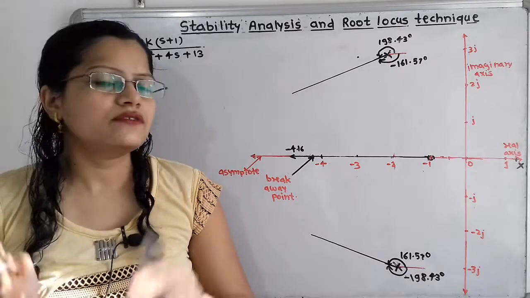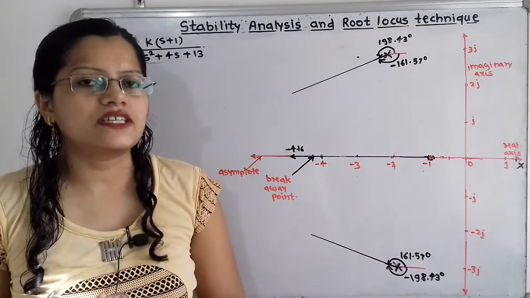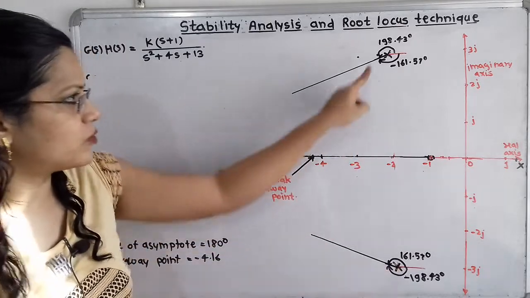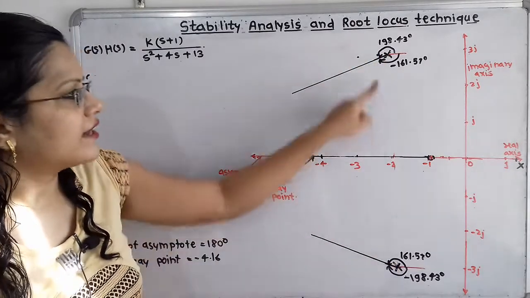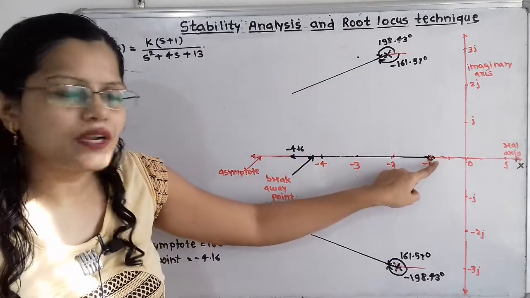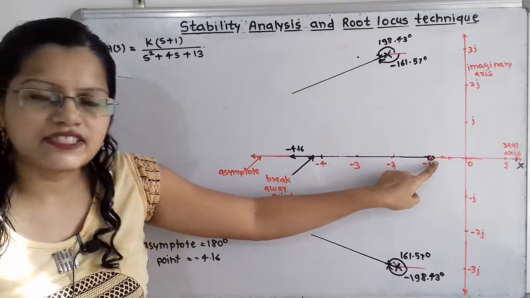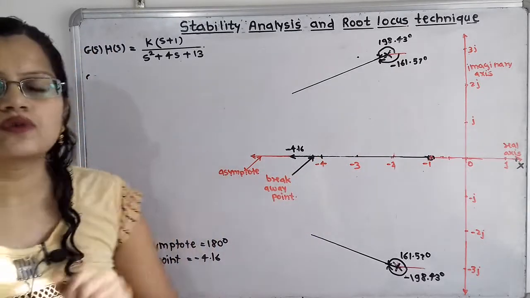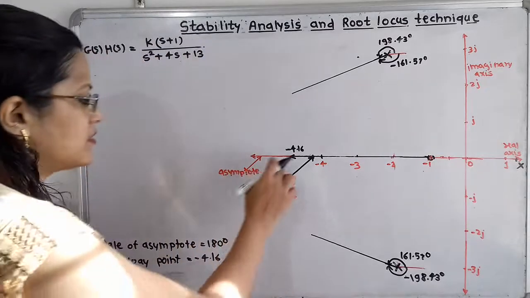So how to complete? We know that these branches will start from these four poles, and one branch will end at the 0 and the other branch will move to infinity along this asymptote.